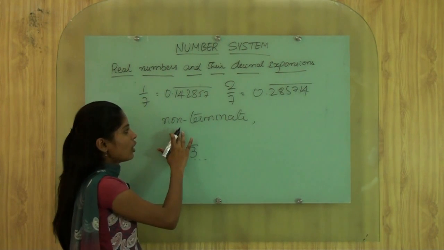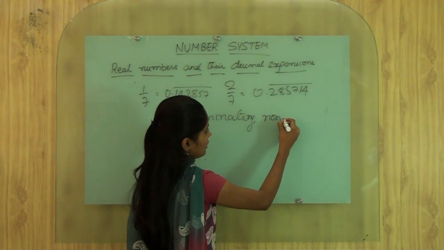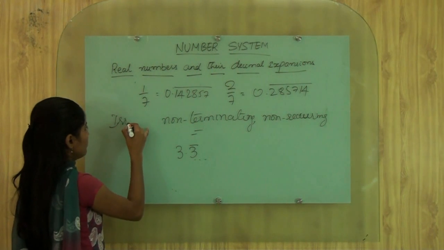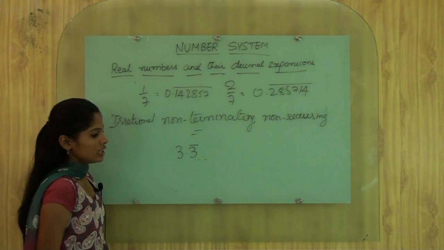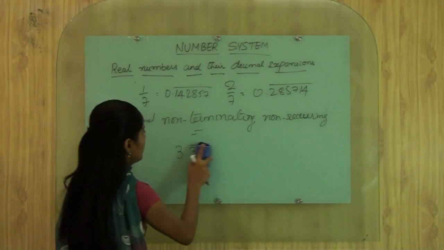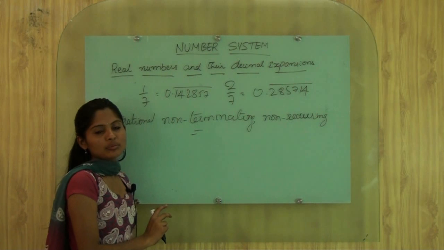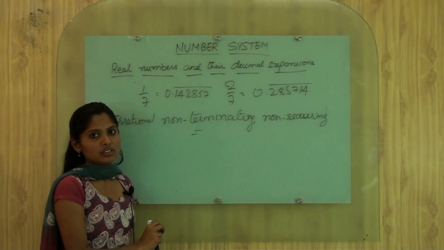Therefore, it is non-terminating and non-recurring. If you have to find irrational numbers between these two rational numbers, then there will be infinite irrational numbers.